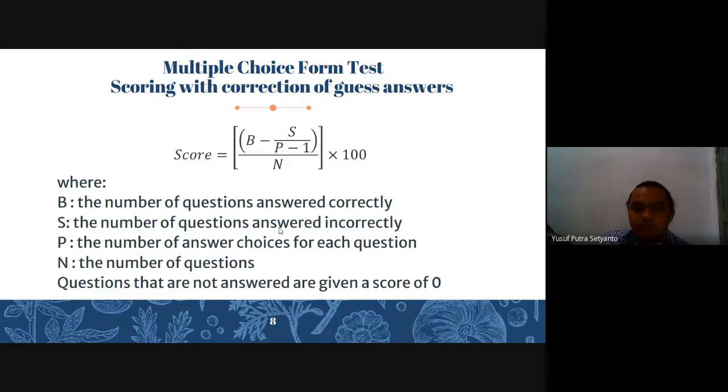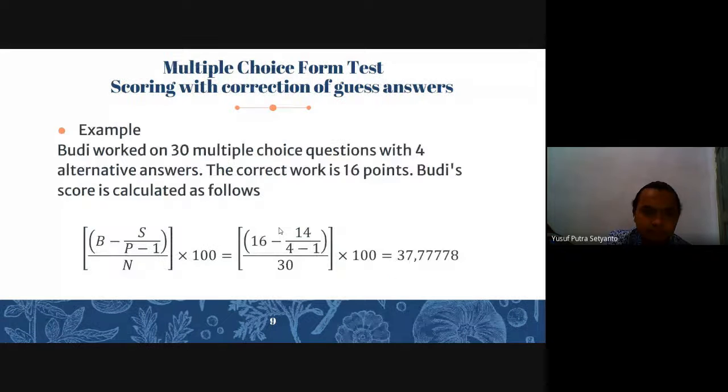Maybe you are still confused about this formula, so let me explain with an example. For example, Budi worked on 30 multiple choice questions with 4 alternative answers from A to D. The correct work is 16 points. Budi's score can be calculated as follows.